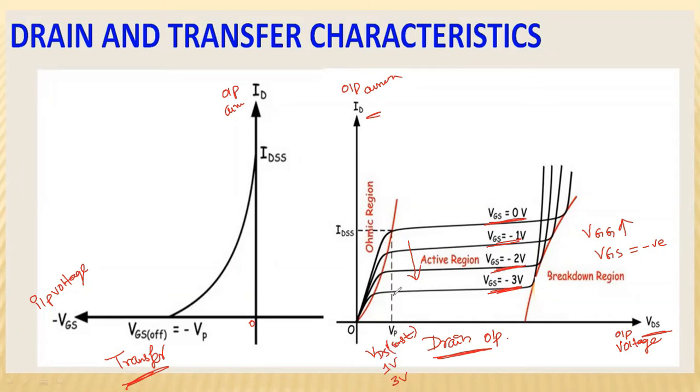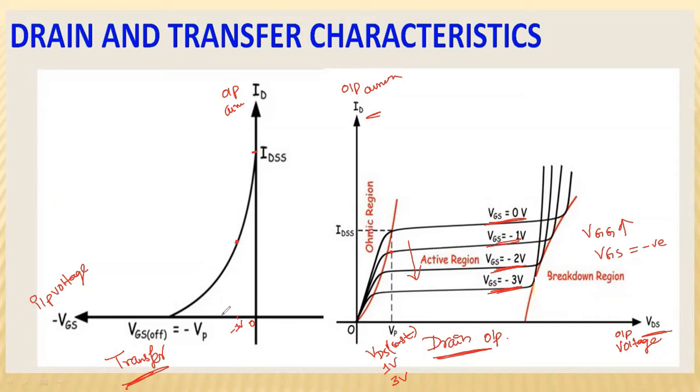At a particular constant voltage, say here I am taking at VP, now VGS is equal to 0. When VGS is equal to 0, what is the current? The drain current is IDSS, the maximum value. Similarly, when VGS is equal to minus 1 volt, the current is lesser compared to the previous case.